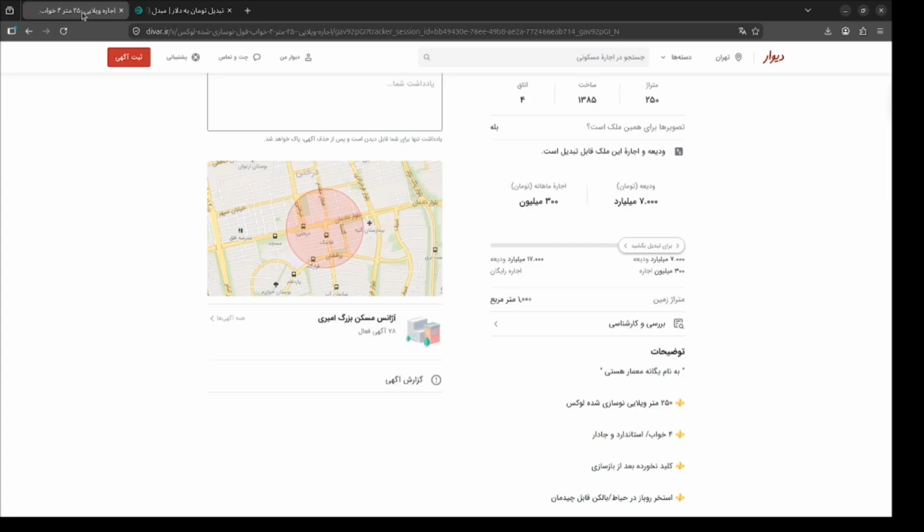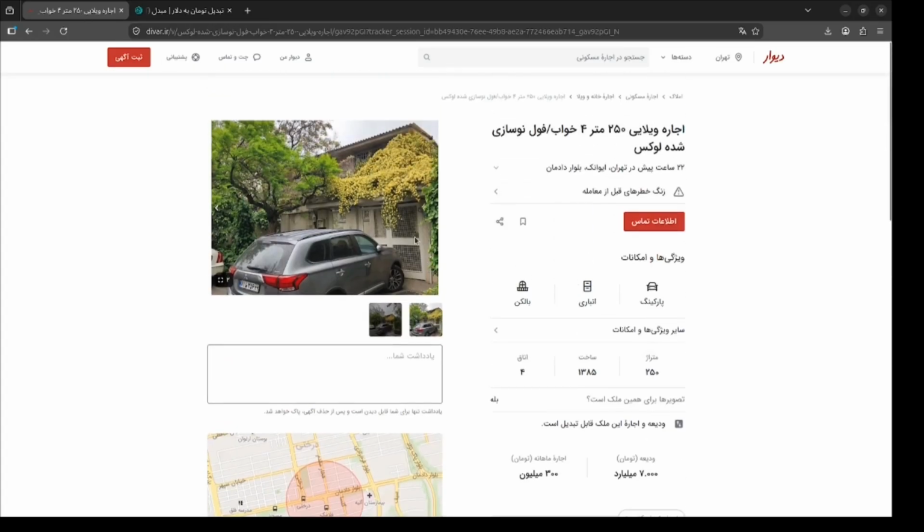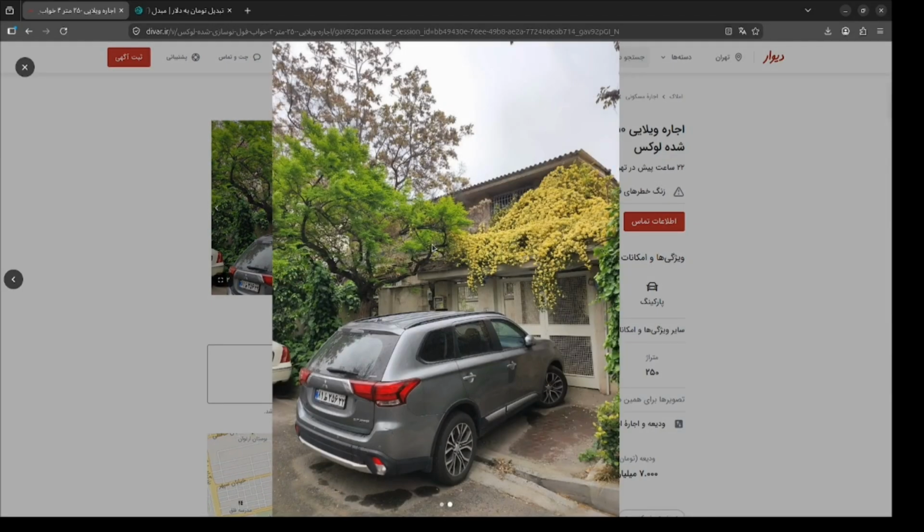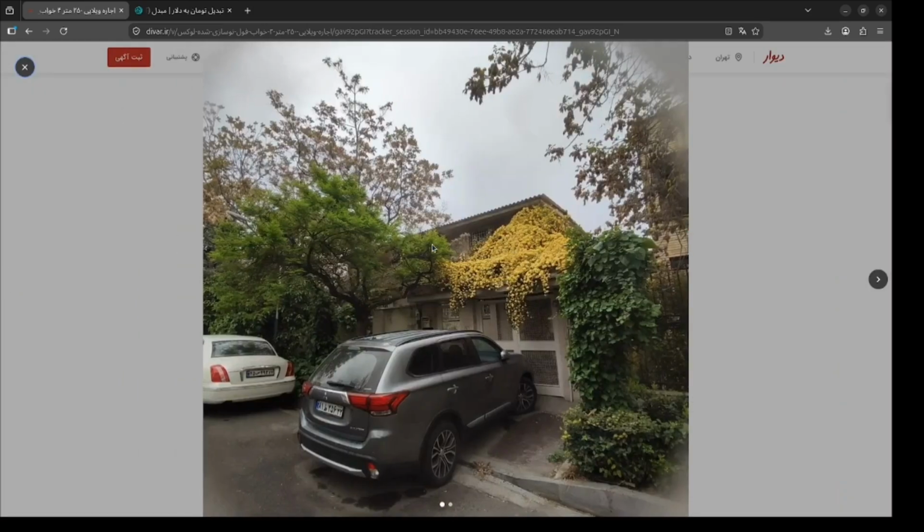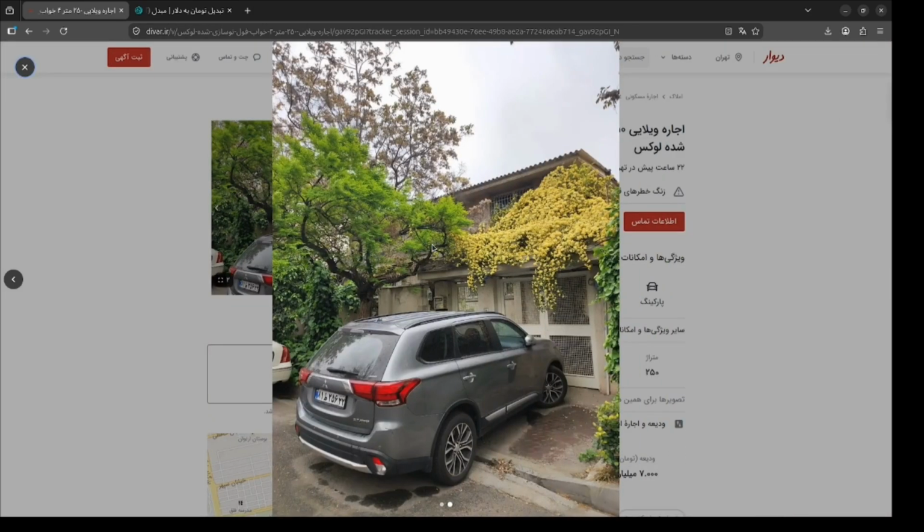That's expensive. But it's not an apartment, actually, it's a villa, so if you like privacy, maybe it's worth it, I don't know.